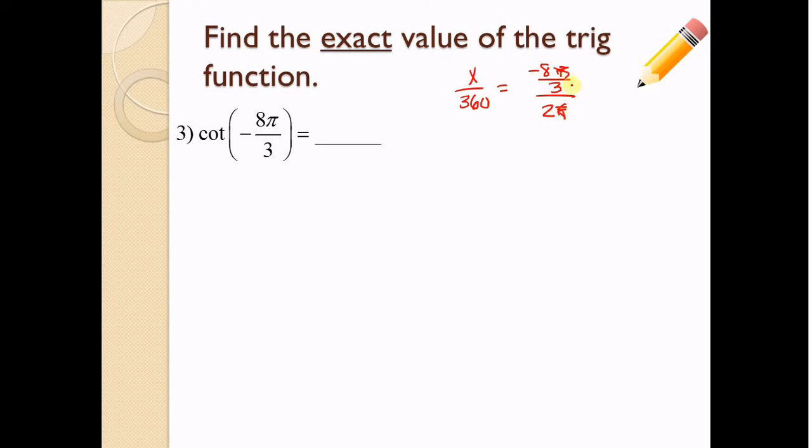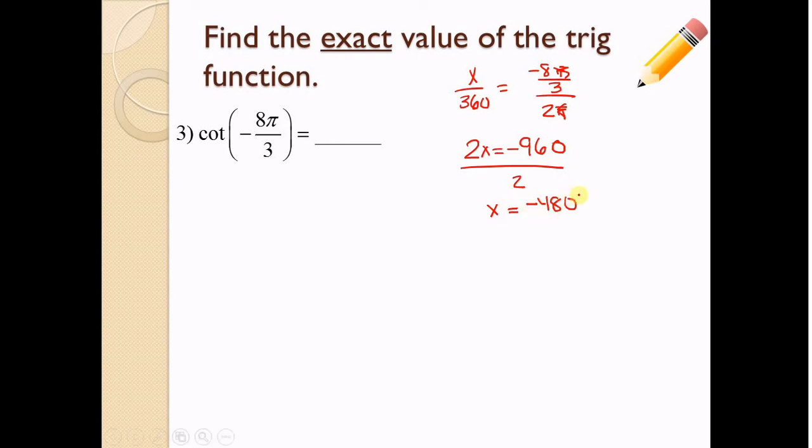Pi's are gone. So I could go 360 times negative 8/3, and that's going to give me a negative 960. So 2x equals negative 960. Divide by 2. I'm going to get x equals negative 480.